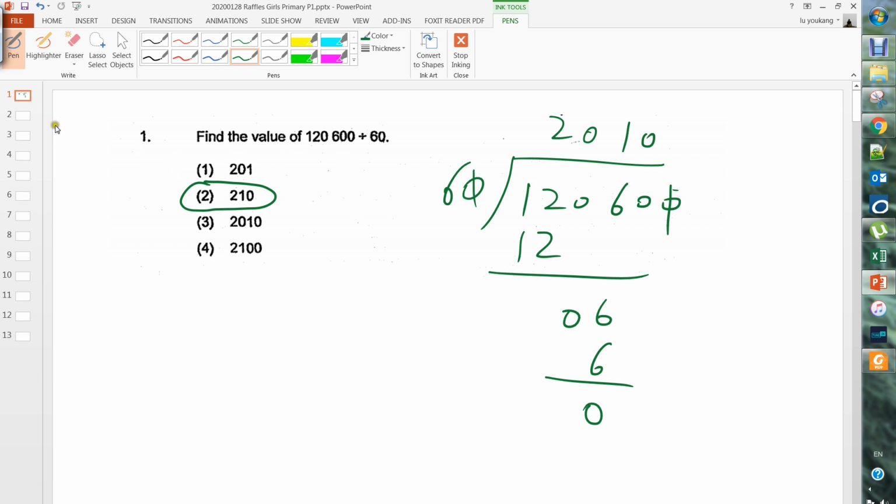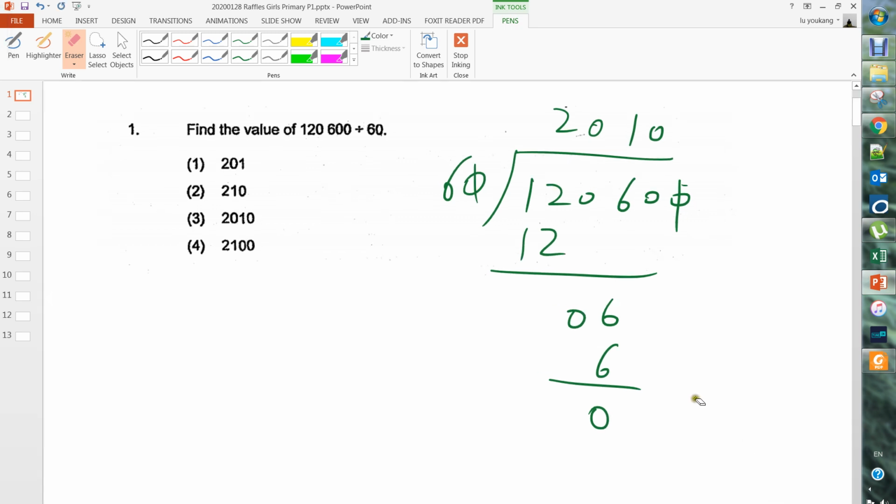Use the calculator. Open your eyes and look at the question carefully. Can you see or not? What's the answer? Quick. 2010.